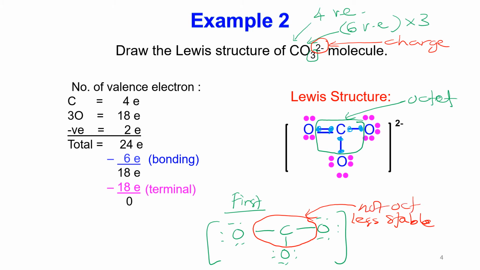The second one is better because carbon is octet and this is stable.